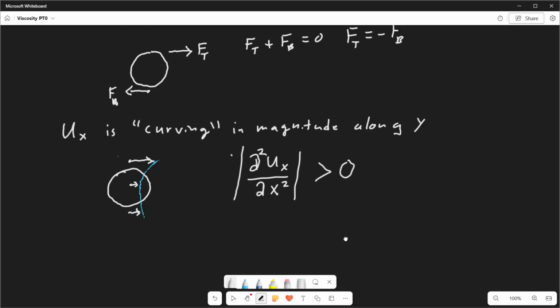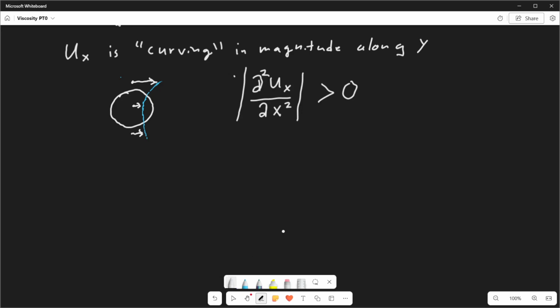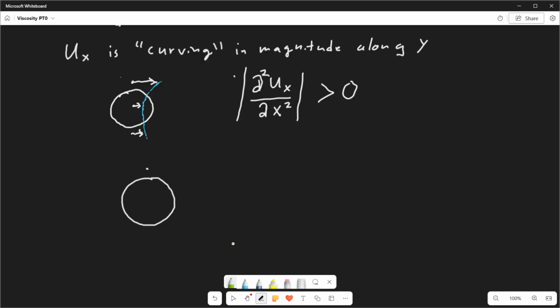To see why that happens, let's draw this thing again. There's basically going to be a force on top that's going to go forward. And then because this is going faster than the fluid inside the blob, there's actually another force on the bottom.